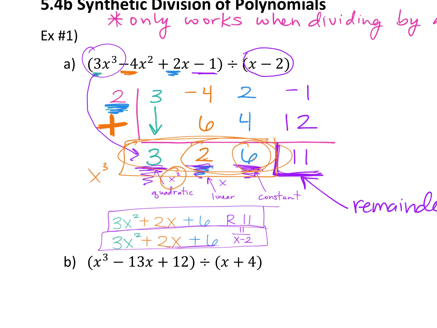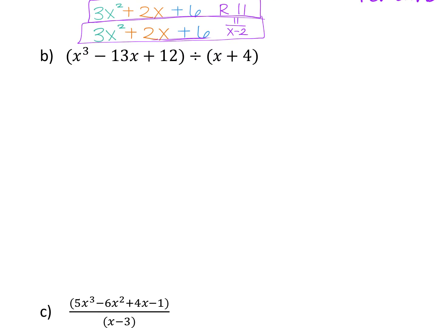I'll show you again with this one, and hopefully that'll make a little more sense. Okay, look at this one. What do you notice? There's no 2x. There's no x squared, right? So you're going to set up your bracket. What's your first number that you're going to write? A 1, okay? This would be a 1.